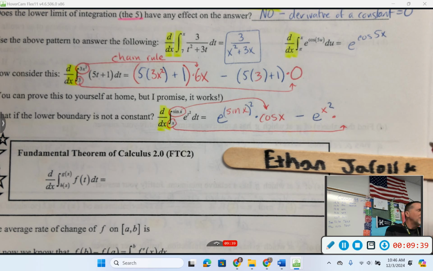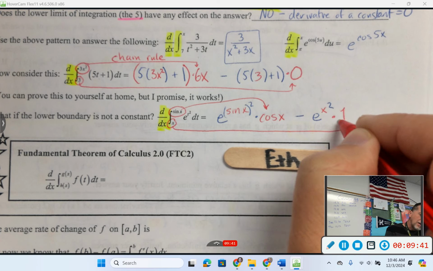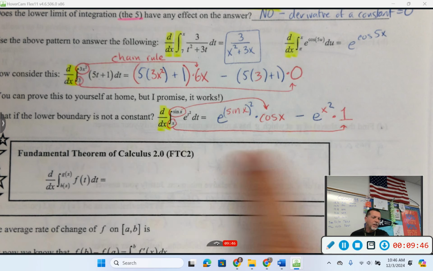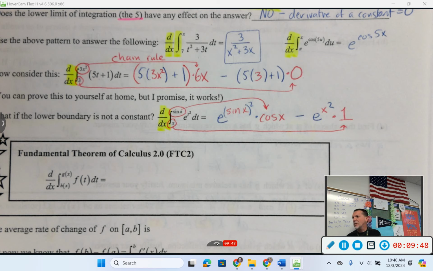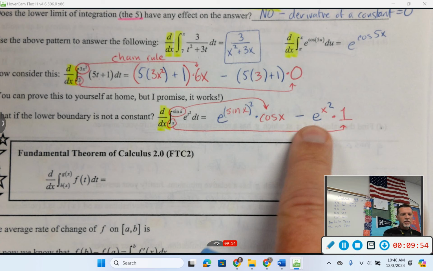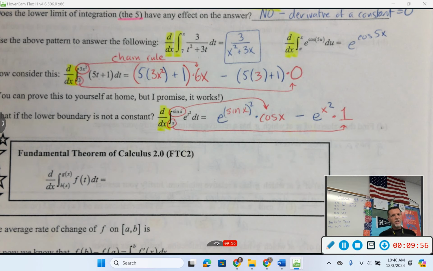The derivative of x is 1. Now, you could clean that up a little bit, but it's also okay to leave it like that because it's also easy to see conceptually what we did. Plug in the top, minus plug in the bottom, and don't forget the chain rule.